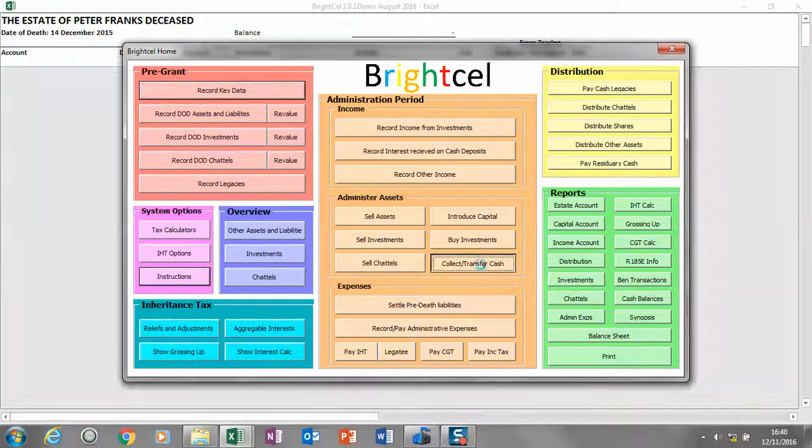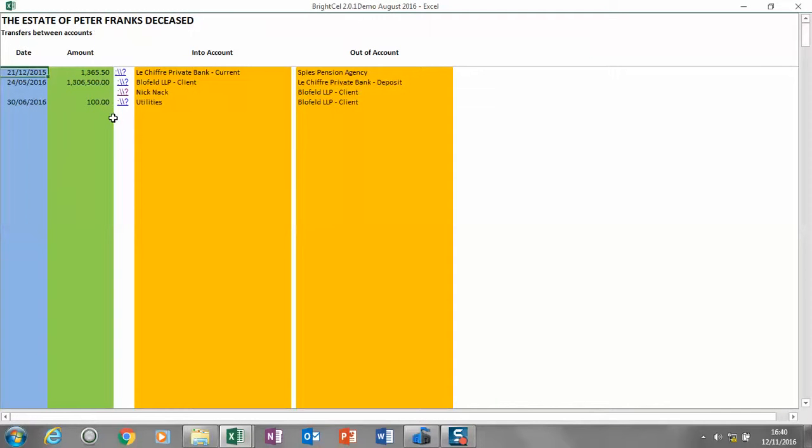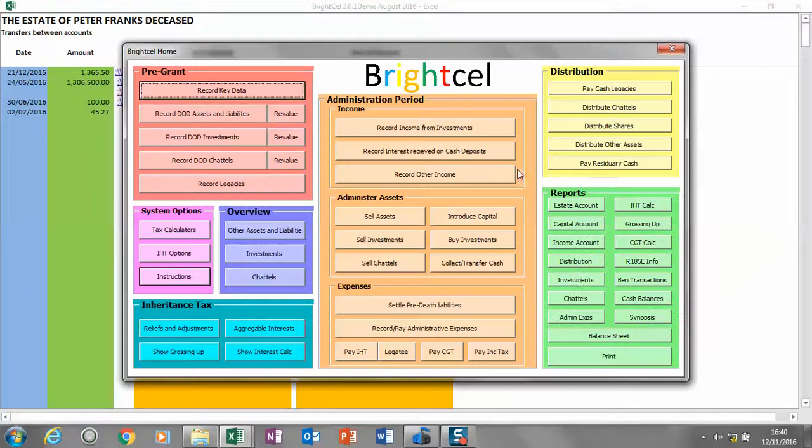And we can pay that by doing a transfer of cash, £45.27, put a date, 2nd of July 16, utilities again, there we are, and for client account. Let's have a look at the various places.